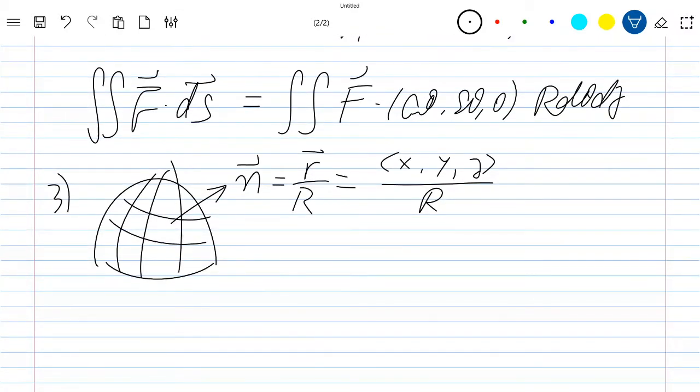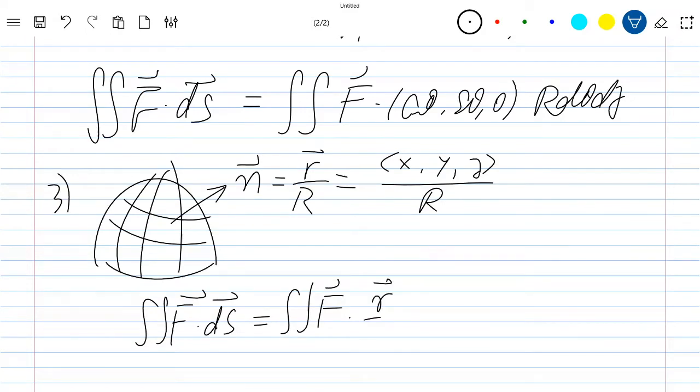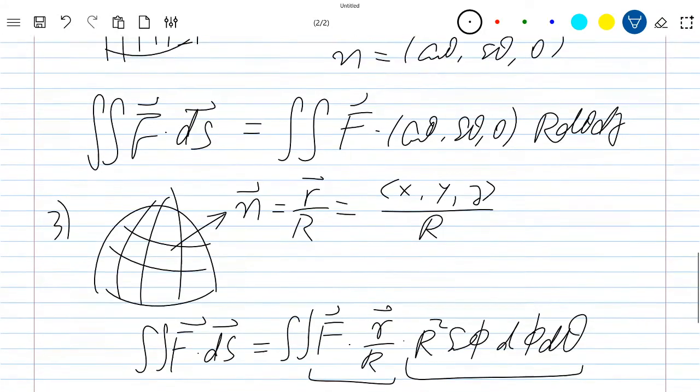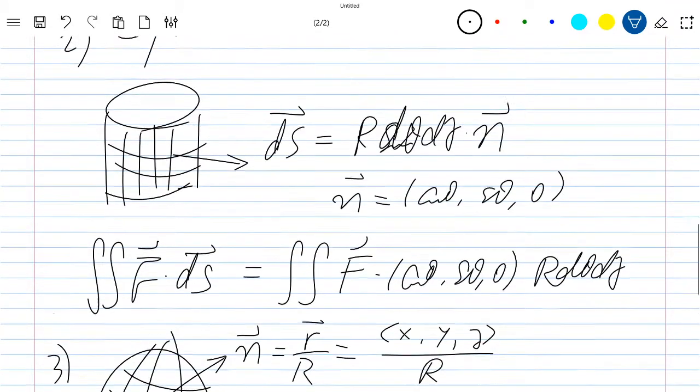Then our dS is just this n times R squared sine φ dφ dθ. So that's your inner product part. That's the surface element. Actually we only need to worry about these three cases.